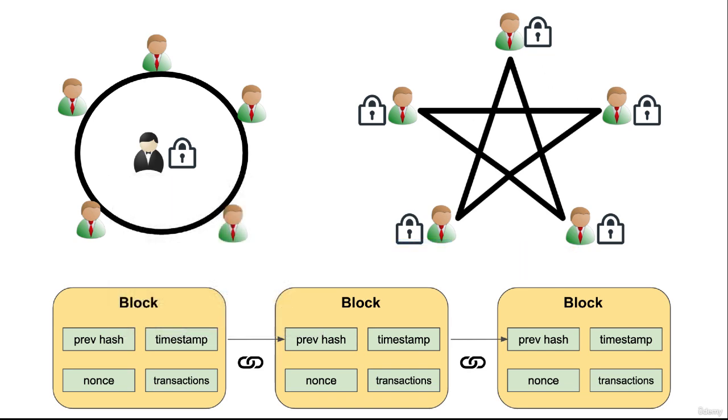Users compete with each other to find the value of the nonce, and the one user who is able to accomplish this, he or she earns a reward. So in the case of Bitcoin, the user will receive some amount of Bitcoins. That's the benefit of participating in this race to find the value of the nonce. Sounds pretty exciting, right? The process of deriving the value of the nonce, linking the blocks together, and receiving a reward is what we refer to as mining.